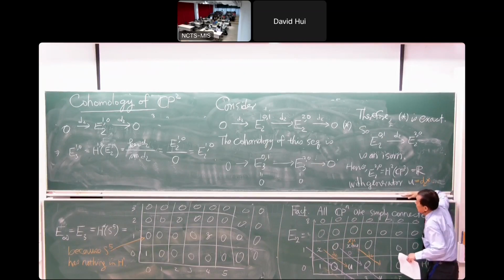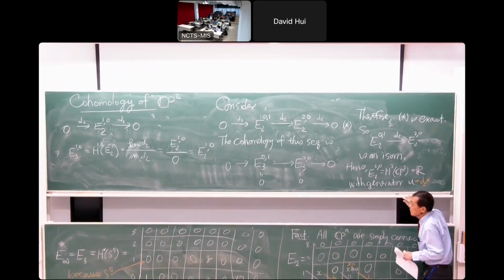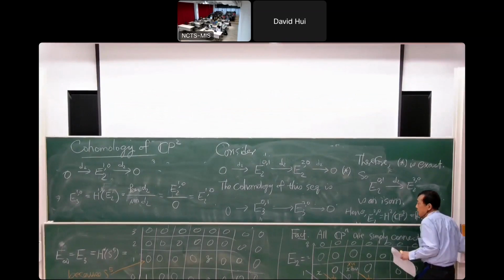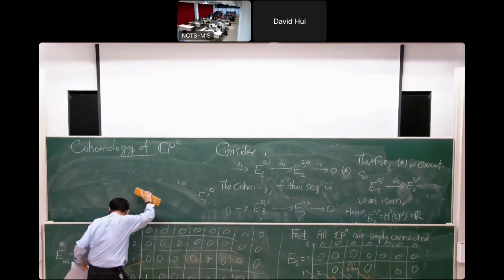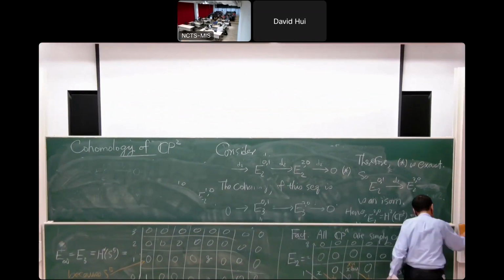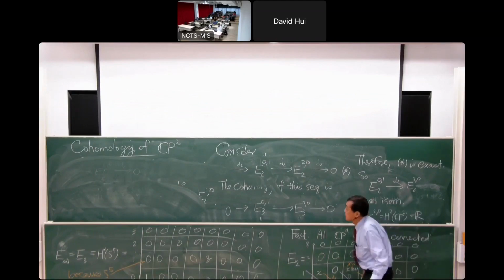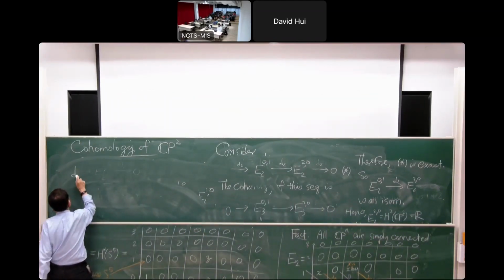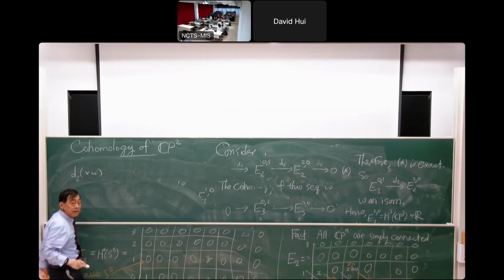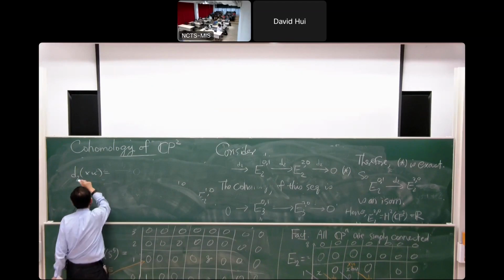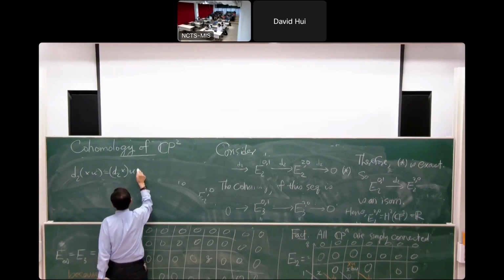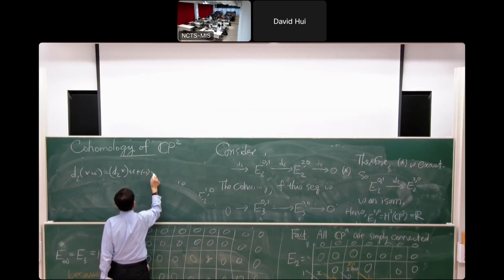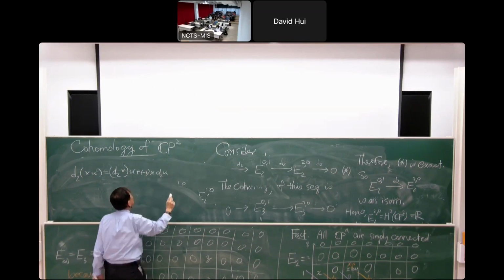Now let's calculate D2 of XU. D2 of XU, that means X tensor U. You have an anti-derivation, so it's D2X times U plus, X has degree 1, so minus 1 times X D2U.